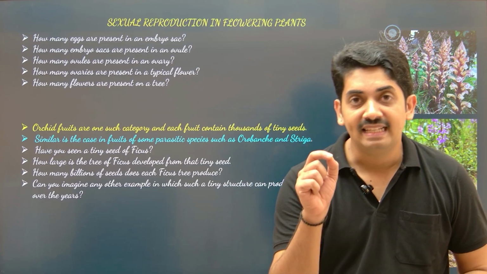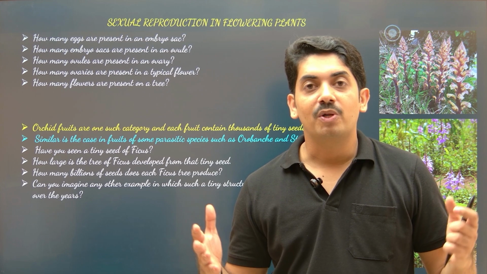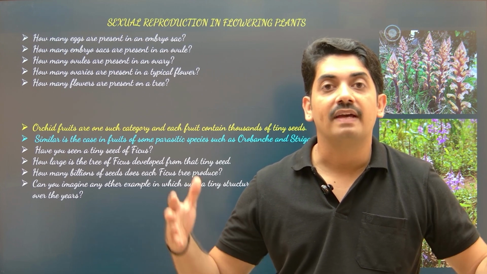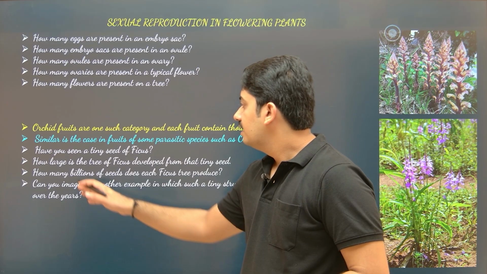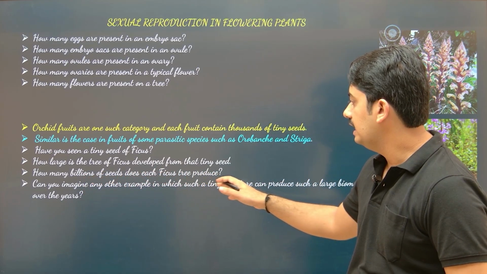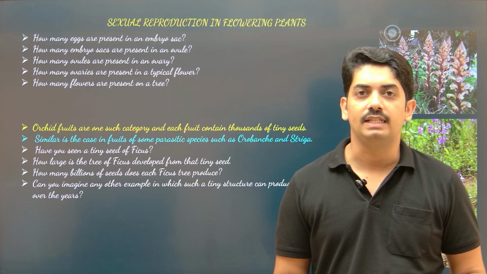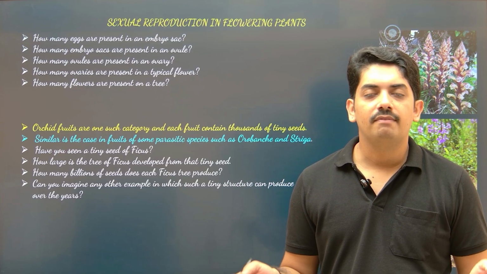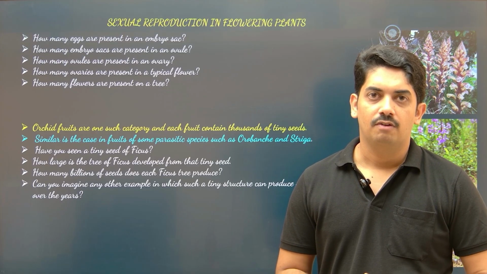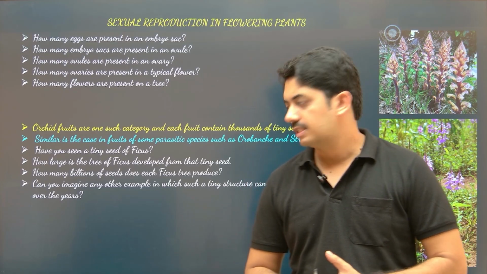That tiny seed has genetic information. It can produce a tree the size of an acre. So how many billions of seeds does each ficus tree produce? Even though they produce billions of seeds, the possibility of producing offspring is very, very low. From those billions of seeds, it can produce one or two offspring.